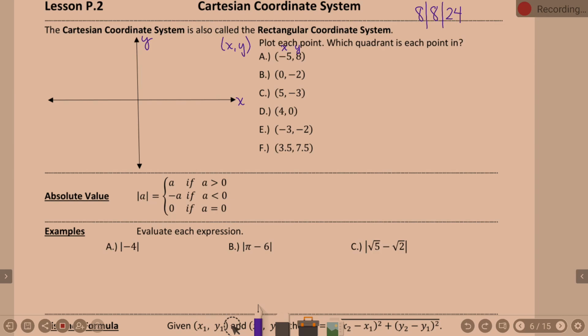Positive 8 is up or down, so up 8. We'll make our tick marks as we go. So negative 5, 8 is approximately there, left 5, up 8. I'm going to label that as coordinate A because it is problem A.